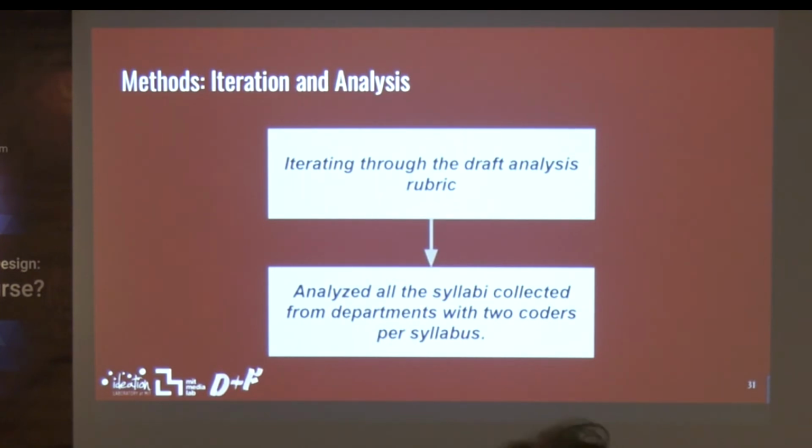After iterating through the draft analysis rubric and coming to a consensus on a final version, we analyzed all the syllabi collected from the departments and had 2 coders per syllabus, and went through a whole inter-rater process for that. Here we have a big picture view of all of the courses and the fraction of courses that included each specific design justice related question.